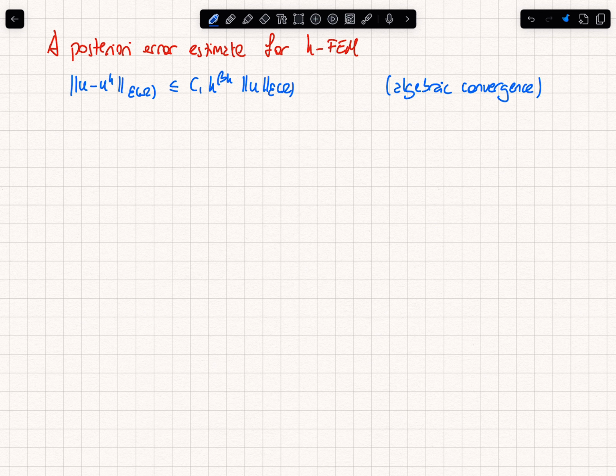Well, it turns out that this inequality is actually pretty sharp when your mesh is fine enough. So when we get the so-called terminal convergence, when asymptotically, this is a very sharp estimate, okay? So we can replace that by an equal sign.